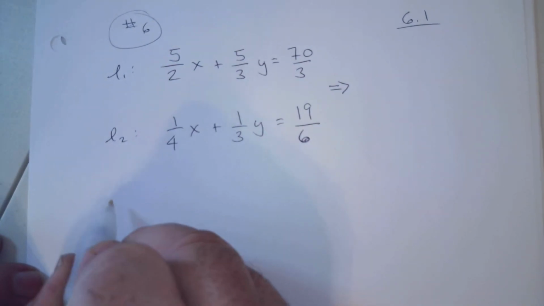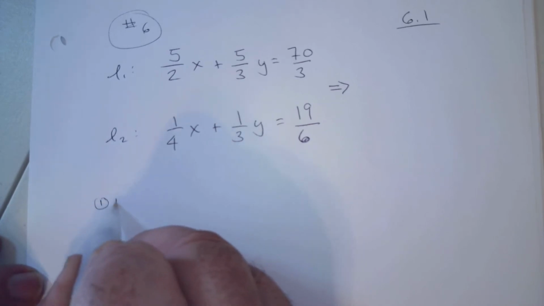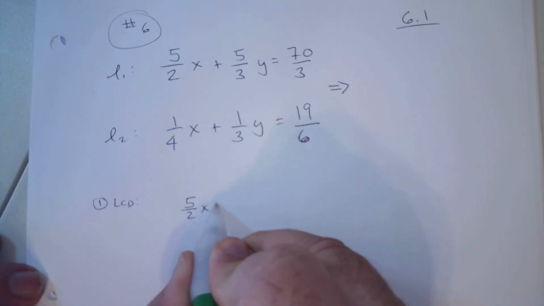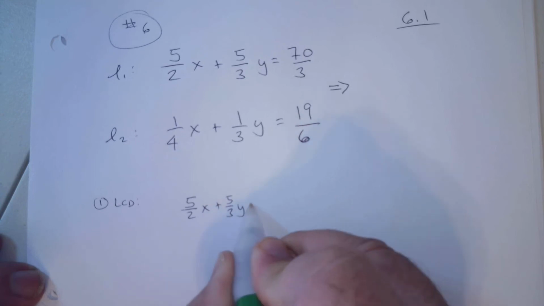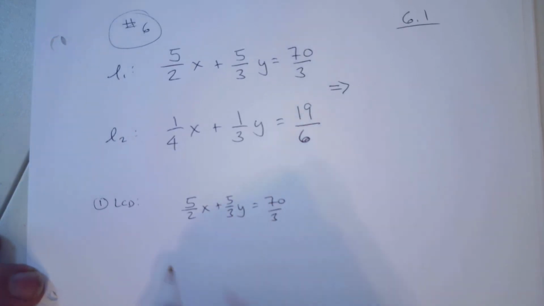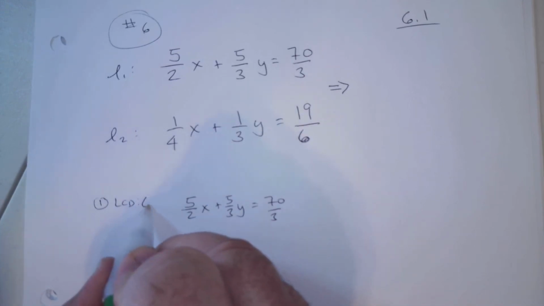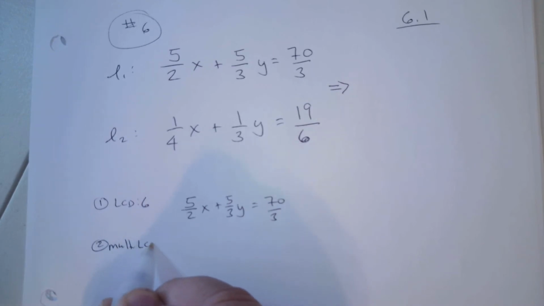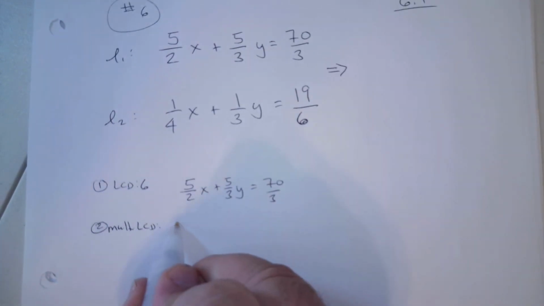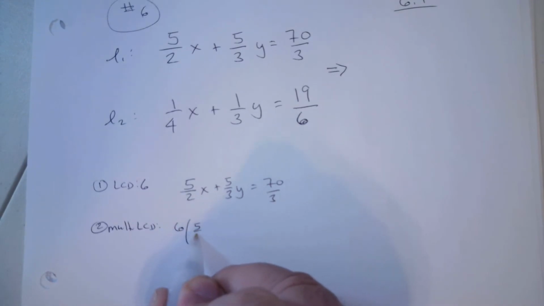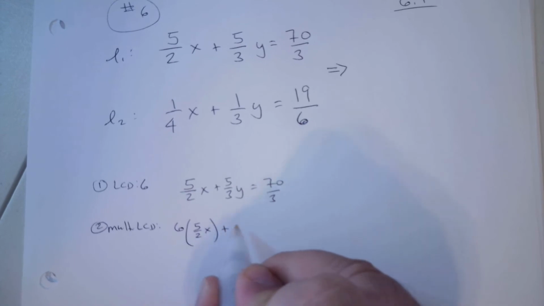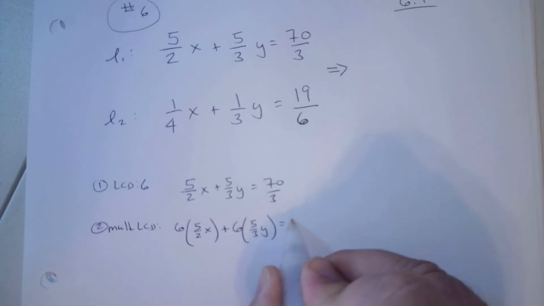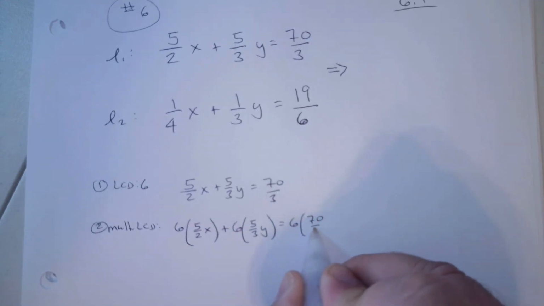So in the first one, the LCD: we have 5 over 2x plus 5 over 3y equals 70 over 3. Since the denominators are 2 and 3, the LCD is 6. We multiply the LCD to each term. 6, 5 over 2x, 6, 5 over 3y, 6, 70 over 3.